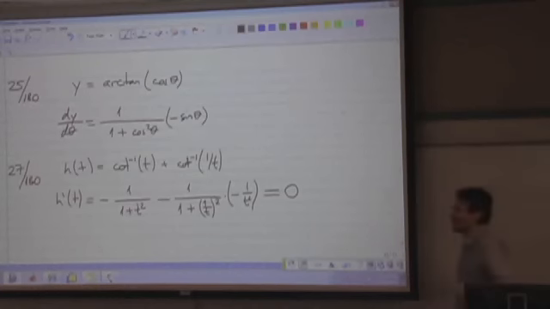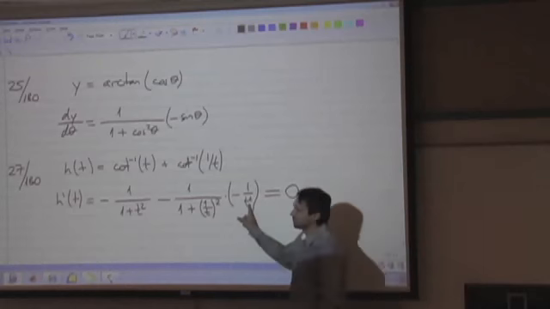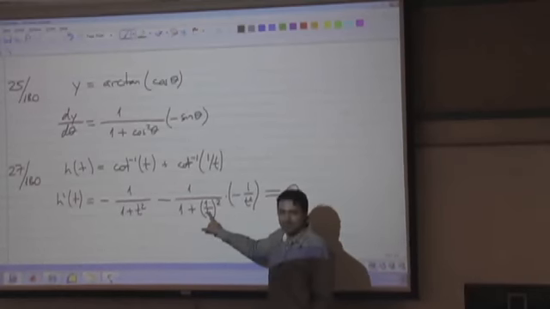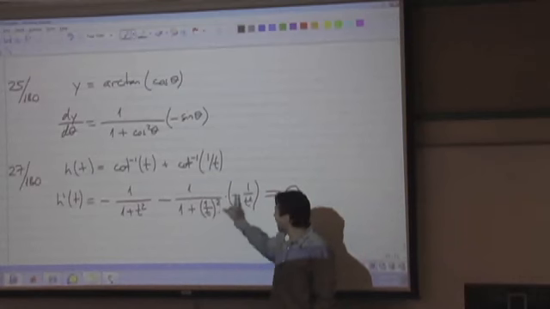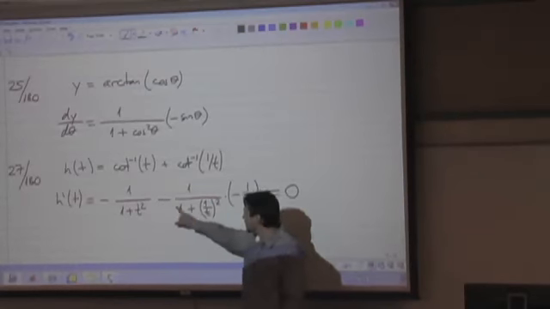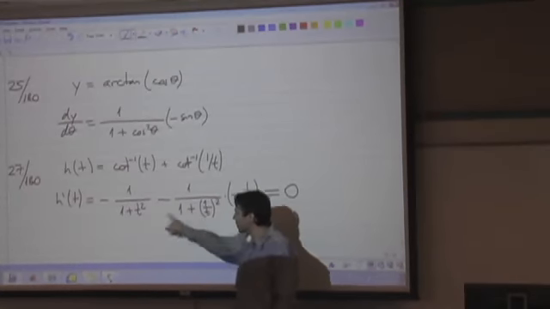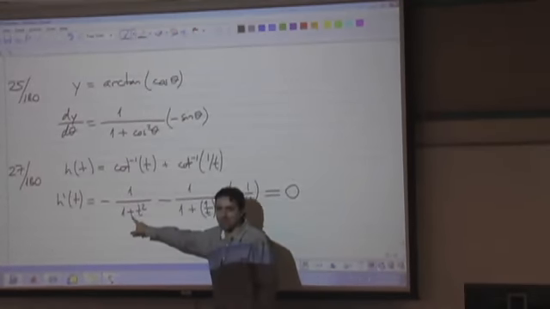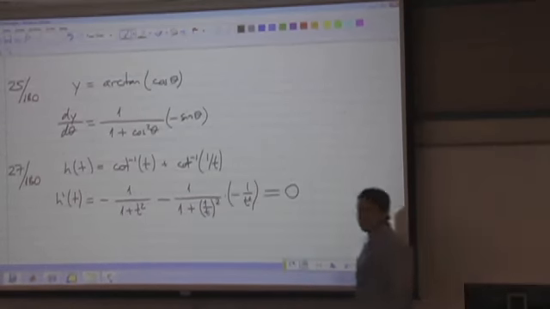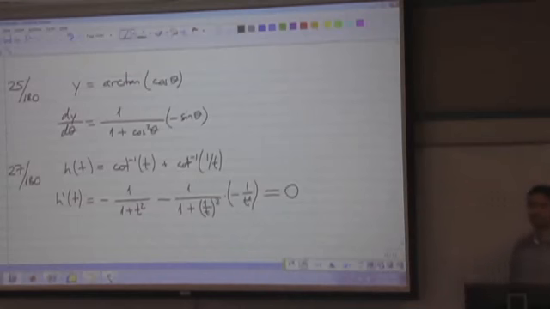What happens if you distribute a t squared in the denominator? You end up with t squared plus 1, right? The minus times minus makes a plus. So the second fraction is just going to be plus 1 over t squared plus 1, but that's the same thing as 1 plus t squared. That's a minus, that's a plus. They cancel out and you end up with a 0. Does that make sense? Yeah. Okay.